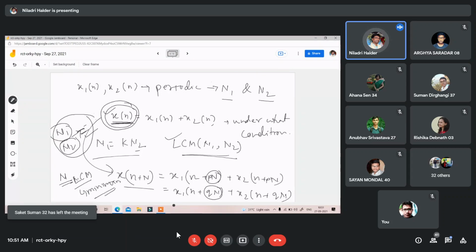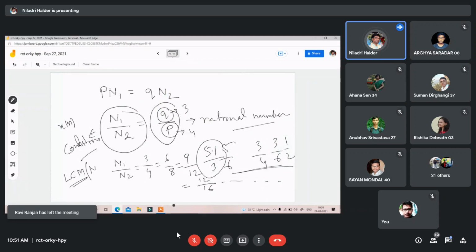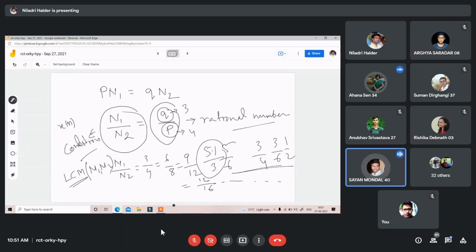That minimum LCM will be the period of the signal. So LCM between N1 and N2. Clear or not? Yes, sir. Okay.